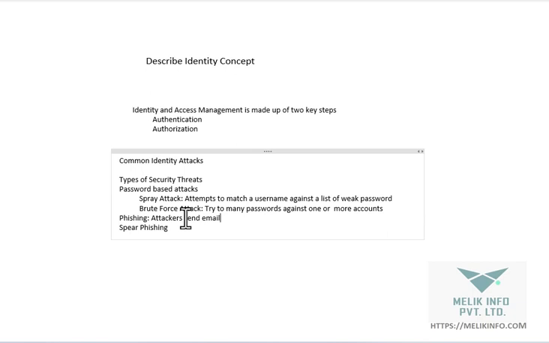So we have to implement some kind of highly sophisticated monitoring and security mechanism to deal with such kinds of attacks.